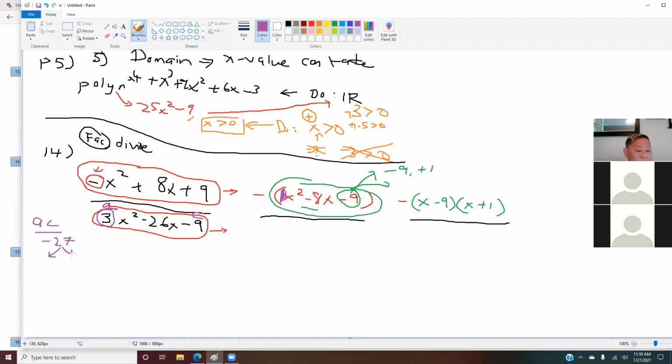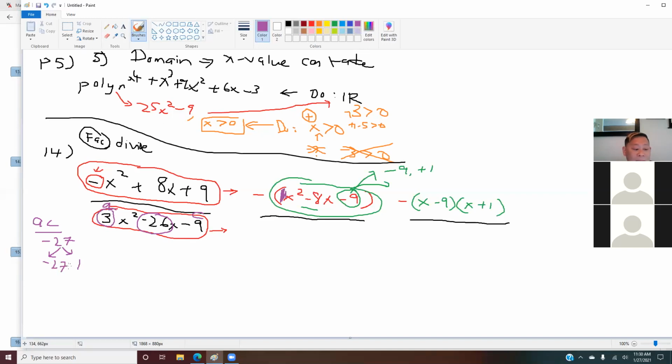So you do the same thing as what we did just now with this negative 9. You try to figure out what times what is negative 27, but when you add them, you get negative 26. So can someone tell me what factors multiply to negative 27 and add to negative 26? -27 and 1.